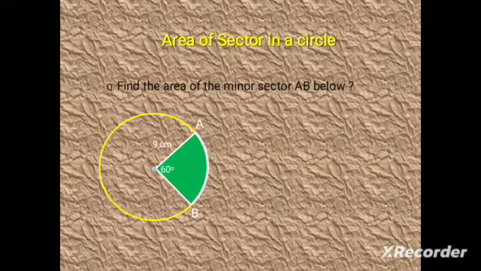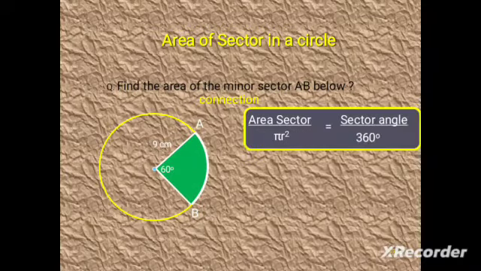The second question: find the area of the minor sector AB. So we use the same approach, substituting into the formula, theta over 360 degrees times pi r squared.